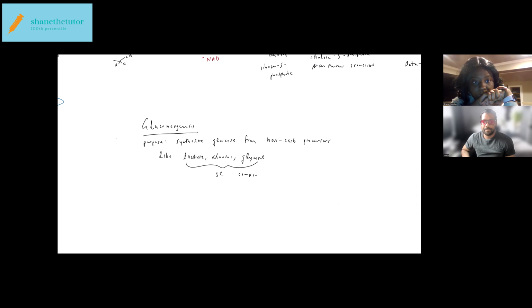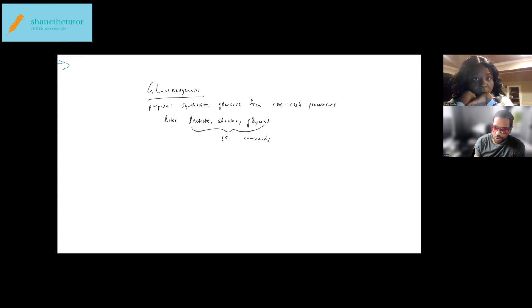So you're making glucose from non-carbohydrate precursors like lactate, alanine, glycerol, and these are three carbon compounds. Now there's something called the Cori cycle.